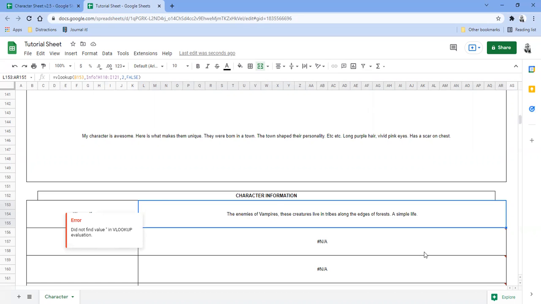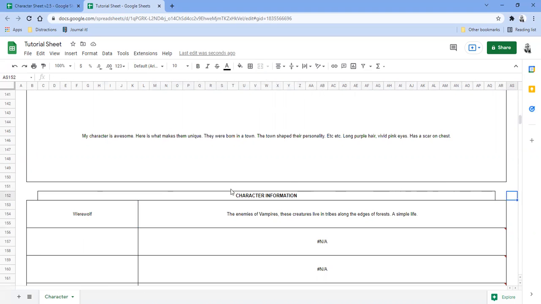When you're playing them, you can keep in mind, to flesh out your character, that they are the enemies of vampires and they live in tribes on the edges of forest. They live a simple life.